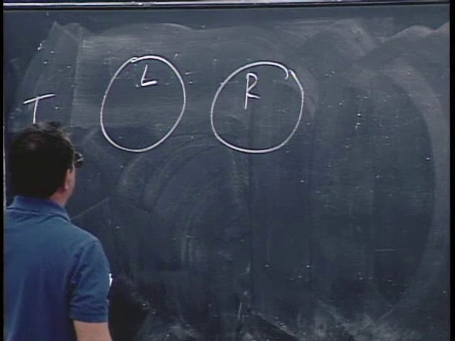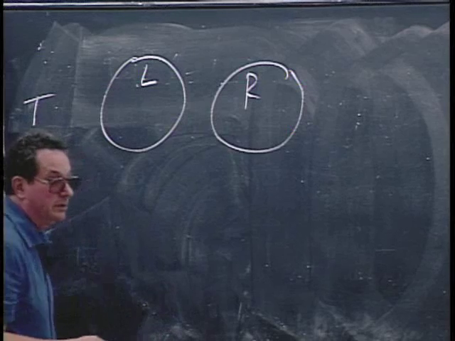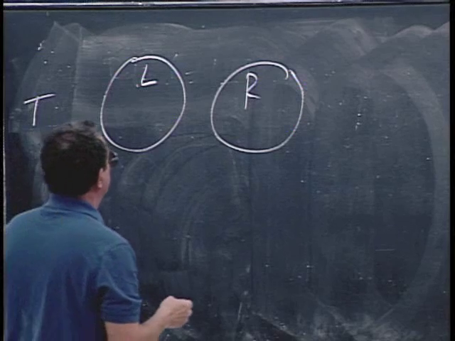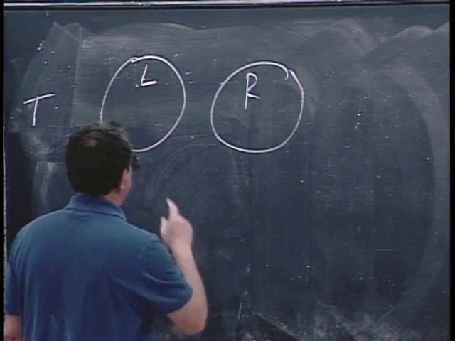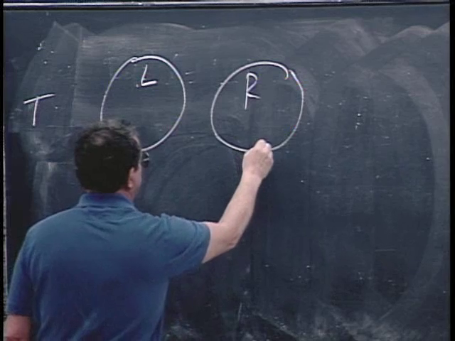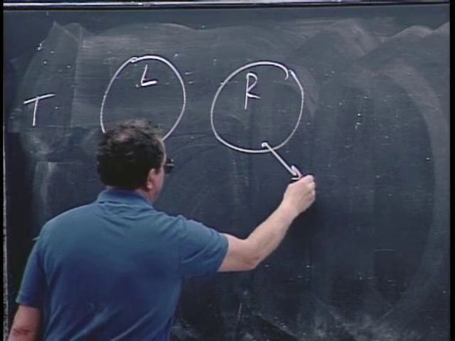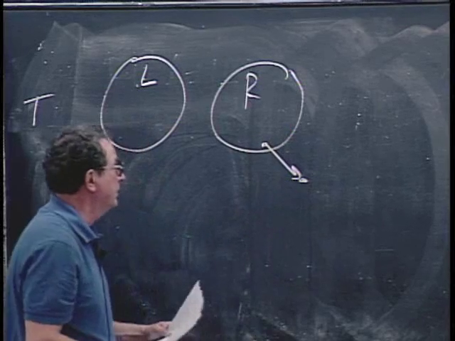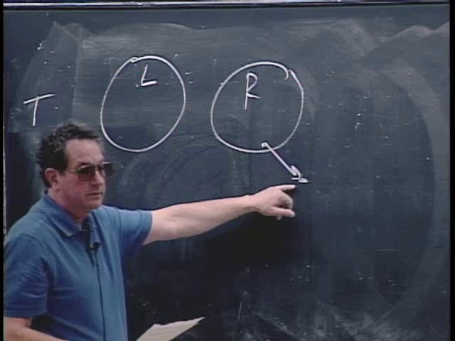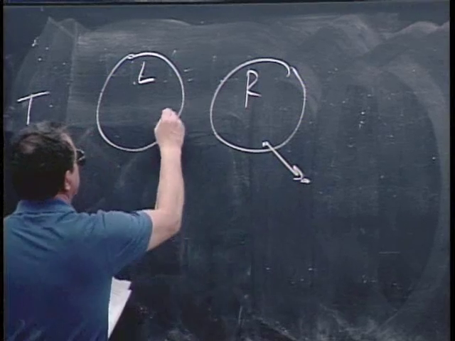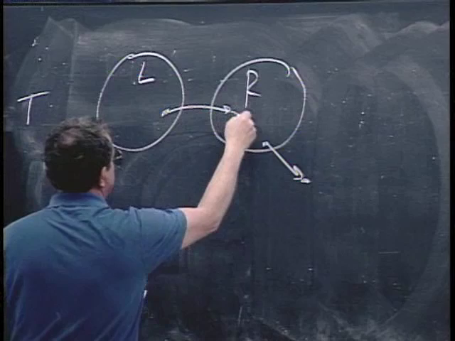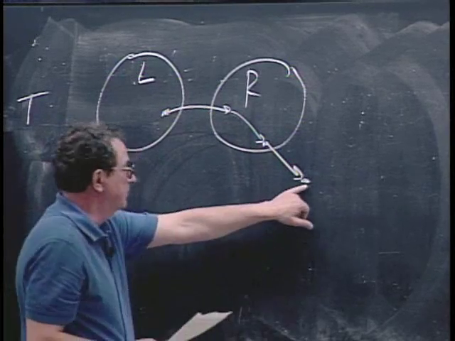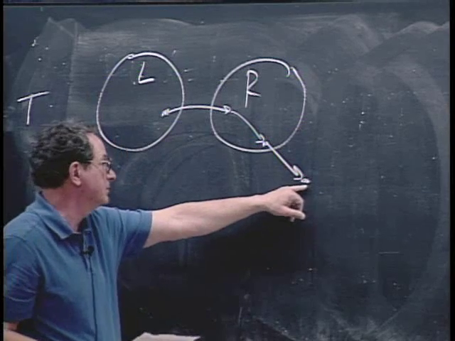And in scenario S, a team in T wins some games. Okay? In scenario S, a team in T wins a game. What game is it? Well, let's say it's a game like that. It's a game between somebody in T and somebody not in T. And this team wins. But R is the set of teams that are reachable from somebody in L. So this one would be reachable from somebody in L also.